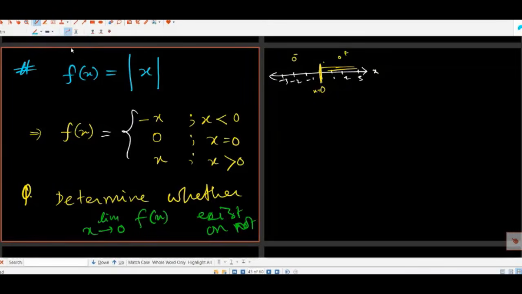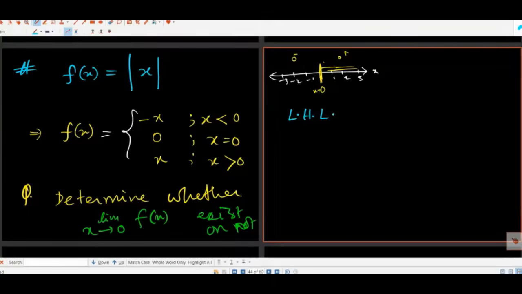We know the existence criteria: if the left hand limit equals the right hand limit, then the limit exists, right? Yes, sir. If the left hand limit is a finite value and the right hand limit is a finite value, then we can say the left hand limit exists and the right hand limit exists.